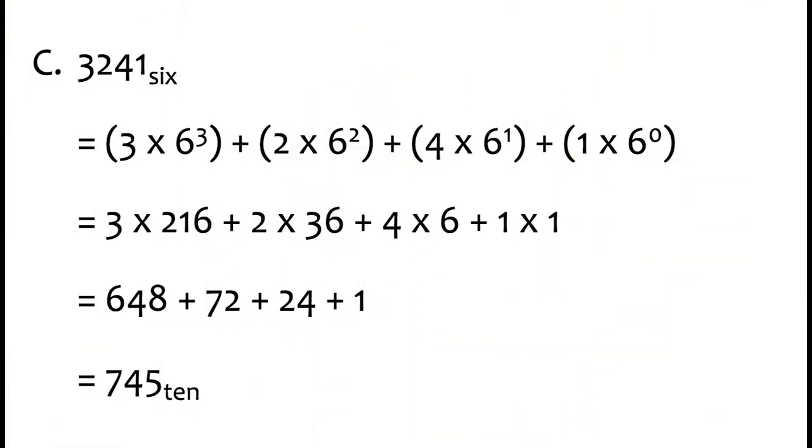The question is 3241 base 6. We are to convert it to base 10. Now, following the expanded method, the first digit there is 3. So 3 multiplying the base, which is 6, raised to the power 3, because there are 3 digits after the number 3, plus 2 times 6 raised to the power 2.